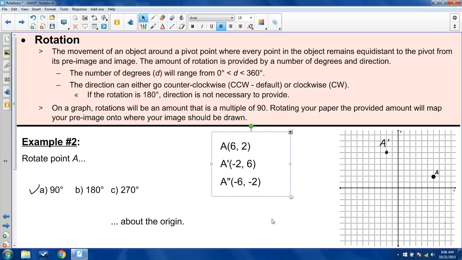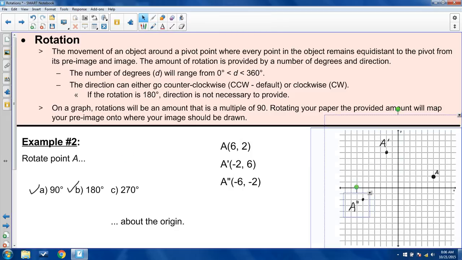Now, one last one is the 270-degree rotation. And for this to pan out, let's plot this point as well. Okay, for a triple prime for the 270-degree rotation, I want you to think about how that would come into play.